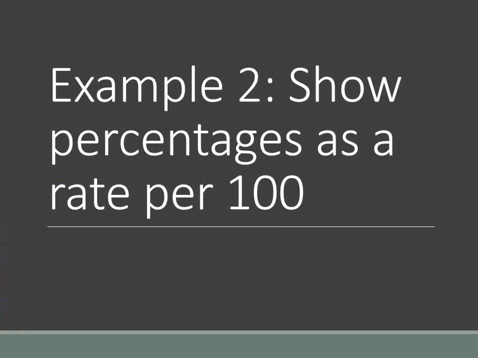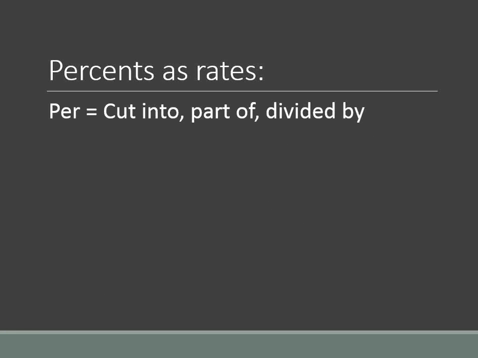So a second example that students want to be able to do is to show percentages as a rate per 100. And when we talk about percents, I know we've done this a lot, but just to make sure we're all talking about the same thing.